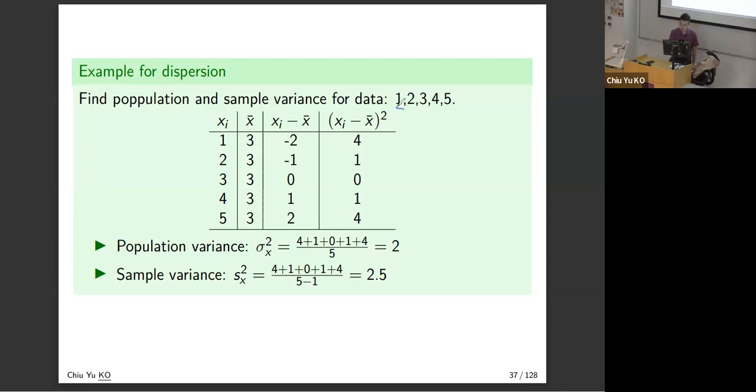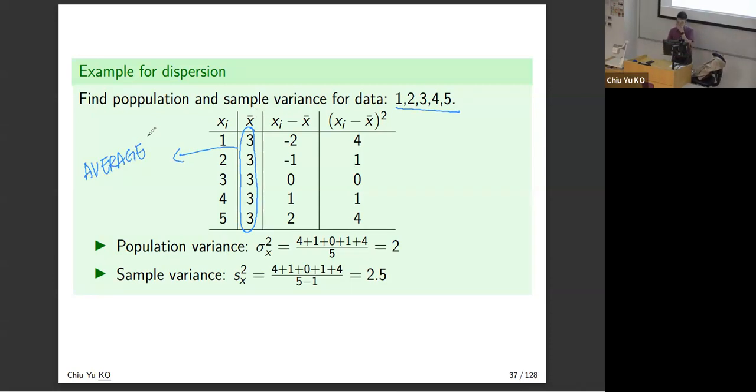So there are 5 data points here, and this is the way we do it in Excel. I put it in table form because this is the way that we will actually work in Excel. And this average, if you look at Excel later, we will not use mean, because Excel only knows average.